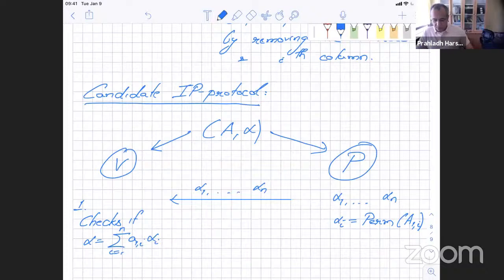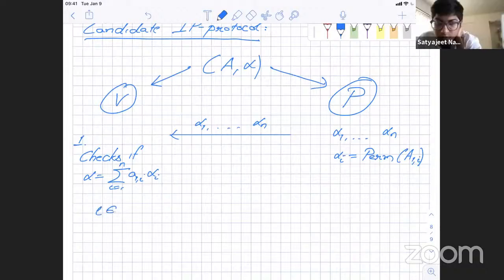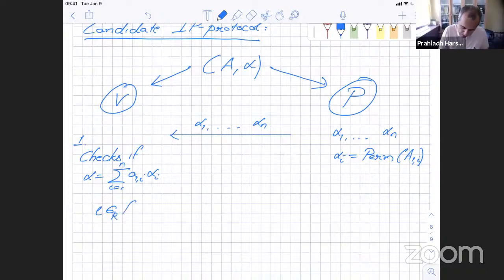So it just inductively goes on. It's going to pick a random i from 1 to n, and this is going to be the randomness, and just send this i. So now the problem has reduced to A1i, alpha i.